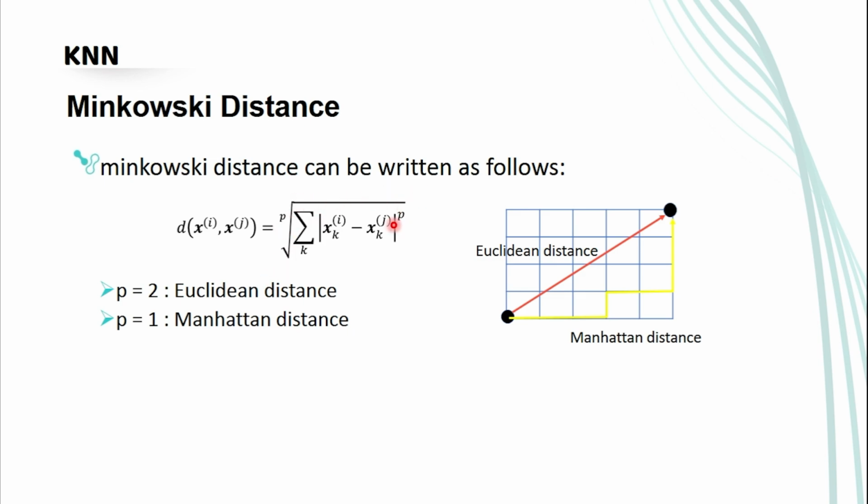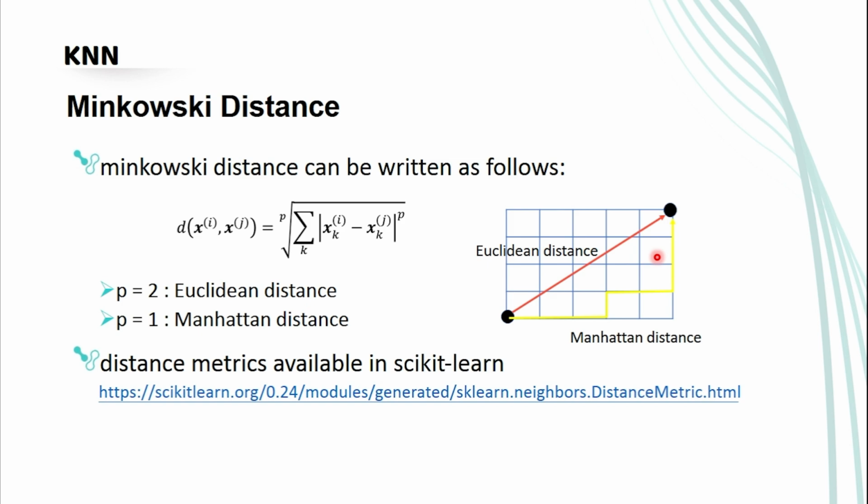We just take the sum of the differences of each coordinate. This is the definition of the Manhattan distance. The distance metrics available in scikit-learn can be found at the following URL.